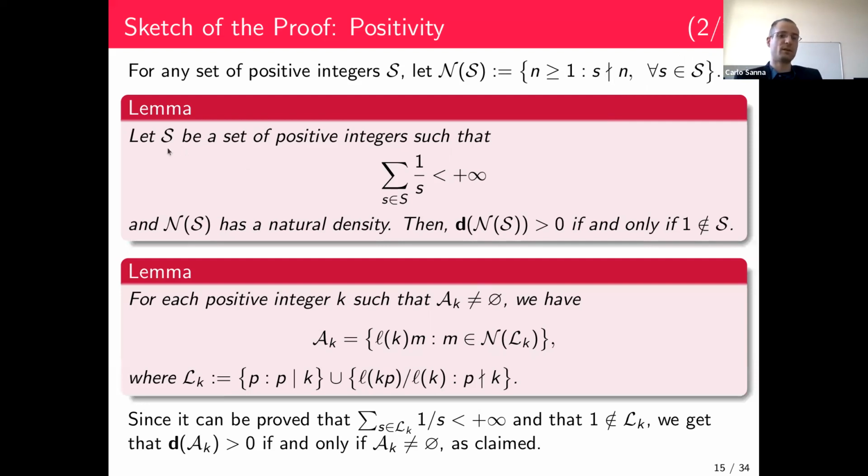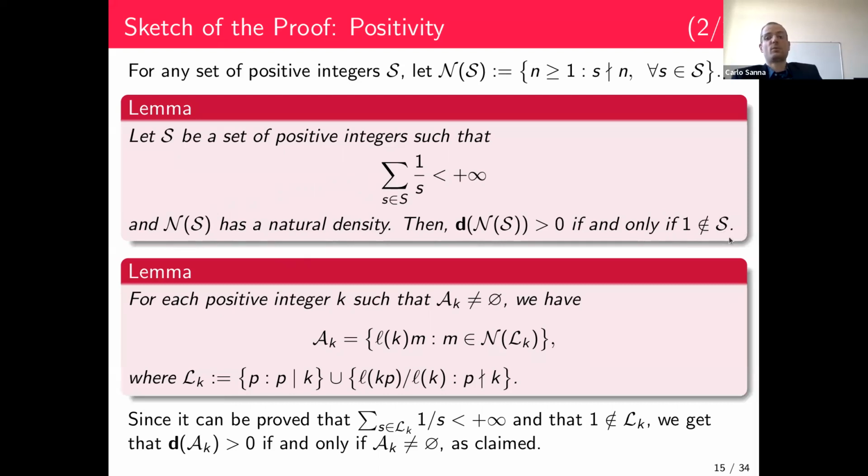Anyway, there's this elementary lemma which says that if S is a set of positive integers for which the sum of the inverses converges, then the set of non-multiples of S has a natural density. Moreover, this natural density is positive if and only if one does not belong to S.